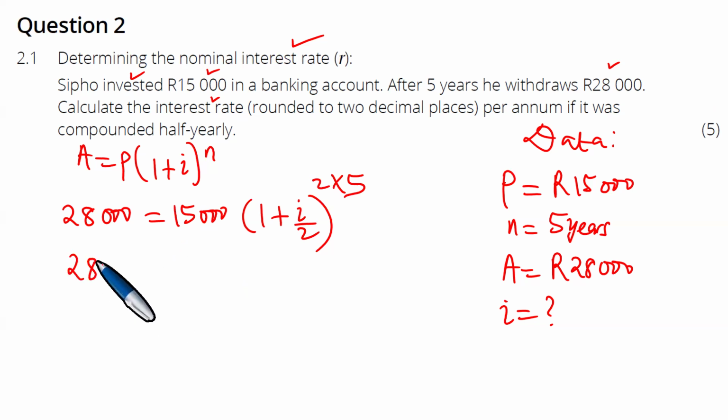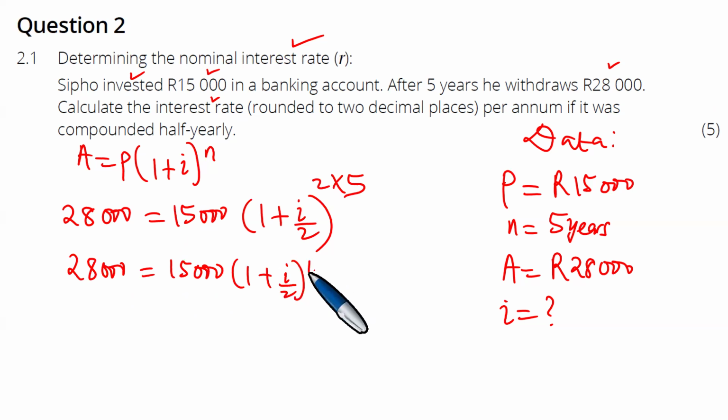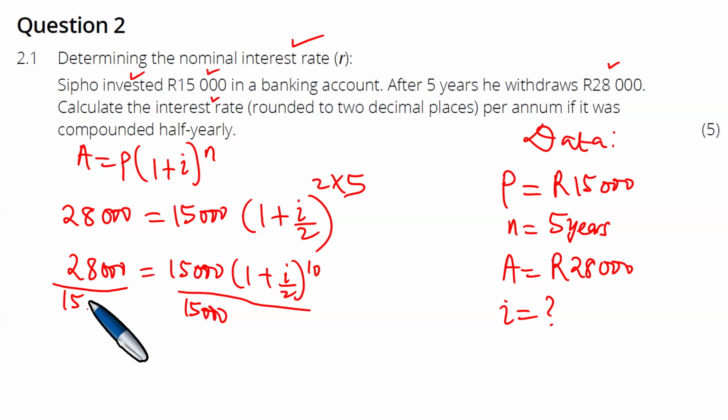So you'd have the 28,000 over 15,000 equals (1 plus I over 2) to the power 10, and 15,000 over 15,000, meaning you cancel the 3 zeros. 28 out of 15 is (1 plus I out of 2) to the 10th power. So this gives us exactly 28 out of 15.